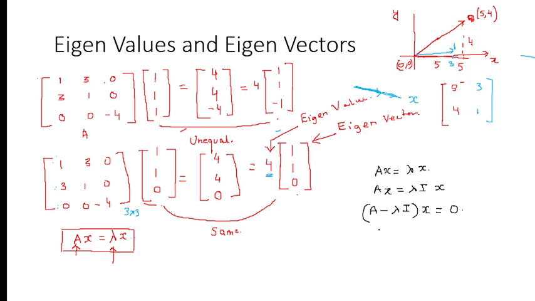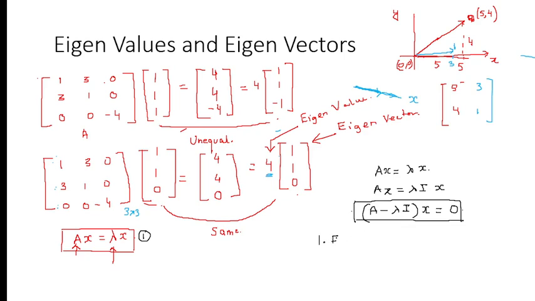So if you want to get the eigenvector from a system of A, first you have to find the eigenvalues. This is the equation from where you are going to get the eigenvector x.